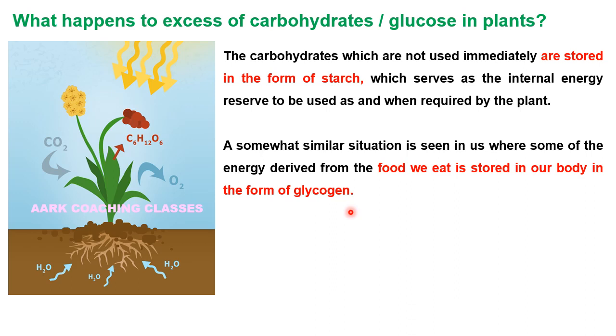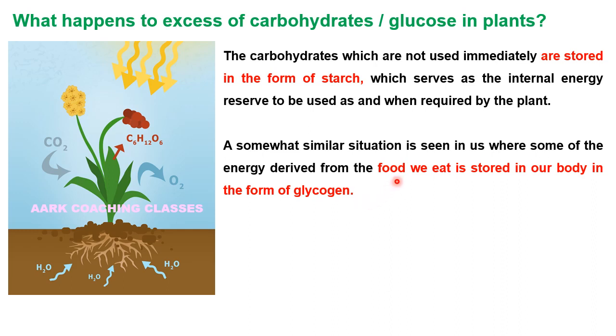Now glycogen is stored in liver. Okay, whatever glucose you are taking, whatever carbohydrates you are eating, ultimately they are broken down to glucose. We have seen in class 7. Okay, digestion, and this excess of glucose is converted to glycogen. It is converted to glycogen as a reserve food material, right?